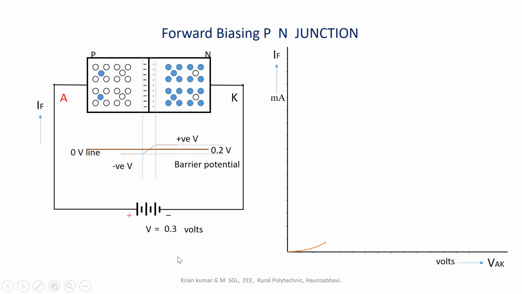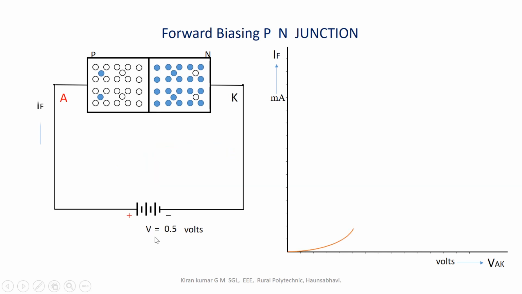By still increasing this external voltage to 0.4 volts, there will be a still further collapse in this barrier potential and an increment in the forward current of this diode. And when this external voltage is raised to say 0.5 volts, this barrier potential is reduced to zero level.